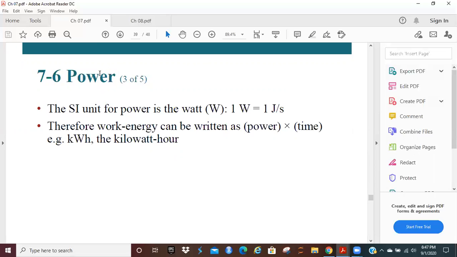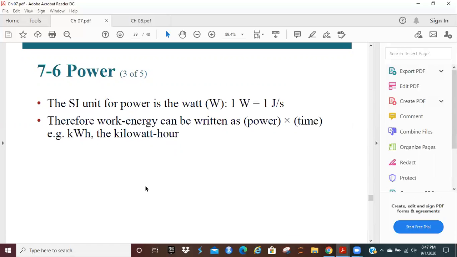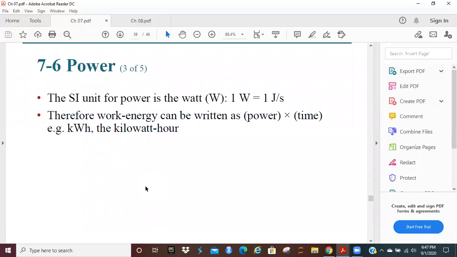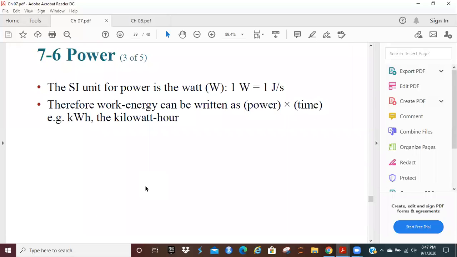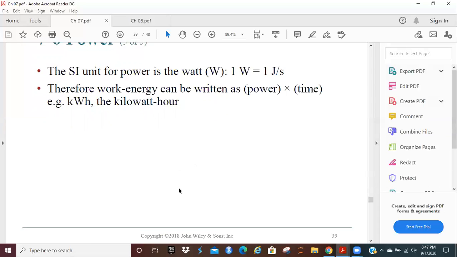That is a unit of work or energy. That's interchangeable. Anyway.